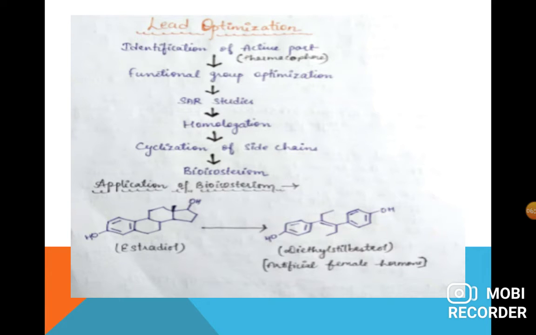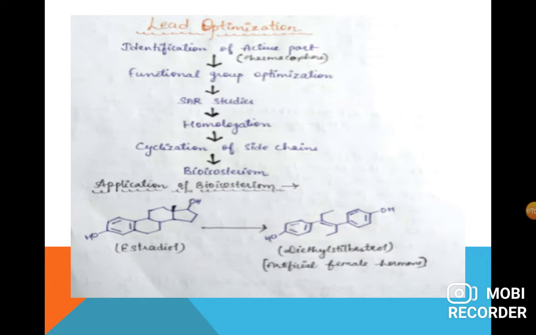If we cyclize the side chain, that also affects activity. Last, bioisosteres also affect the pharmacological activity of any compound. The application of bioisosteres: estradiol and diethylstilbestrol. Diethylstilbestrol, an artificial female hormone, is used in place of estradiol for better pharmacological effect.